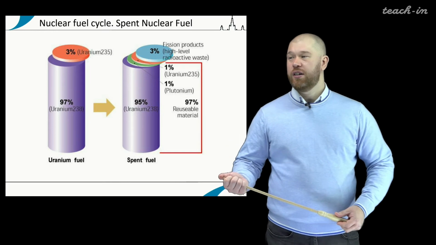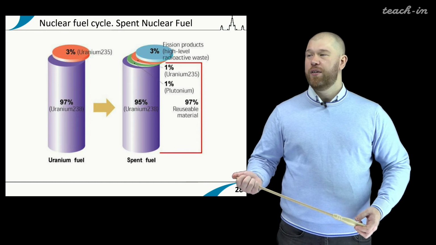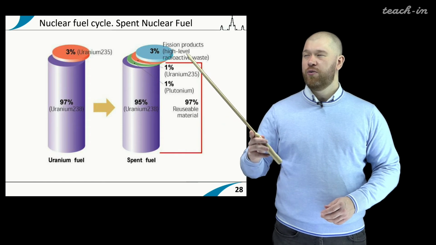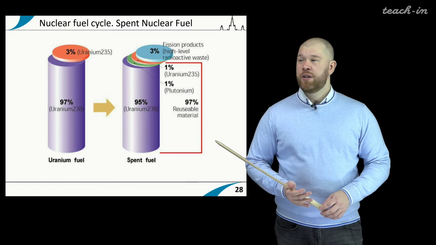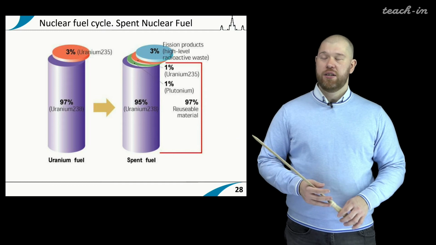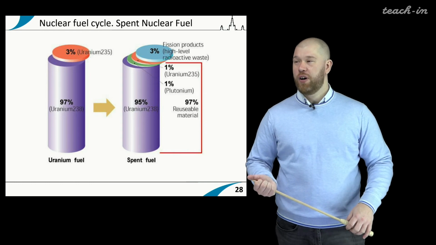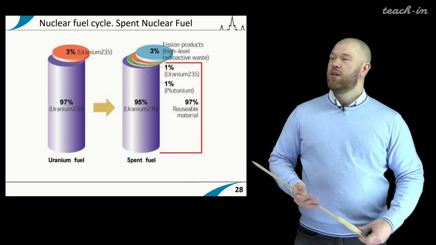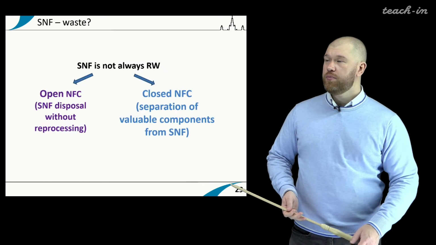You can see that there is only a very small fraction of fission products inside it: only around 3 to 5% of all the spent nuclear fuel. Another 95 percent, let's say, is a reusable material that can be used to produce fresh nuclear fuel. And thus it is very important to reprocess this fuel.